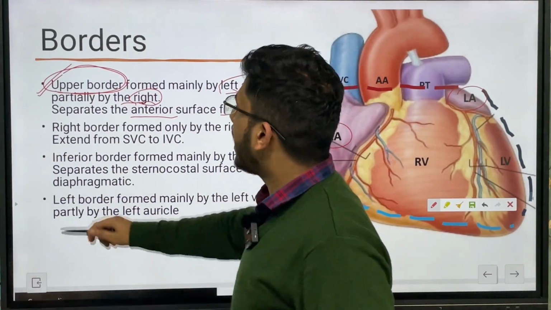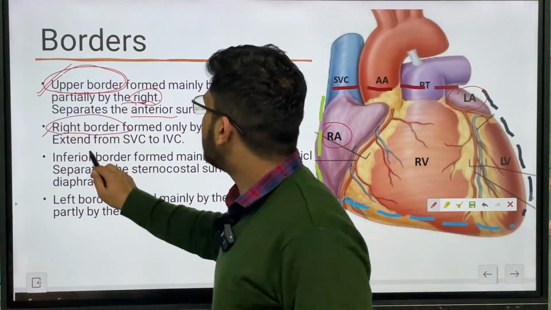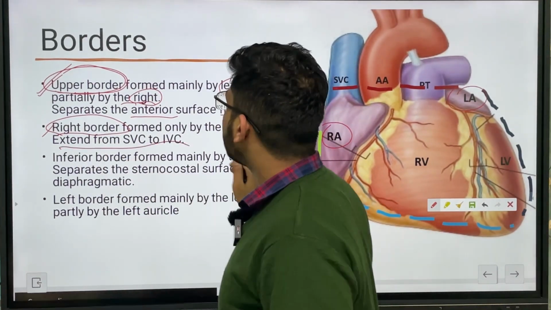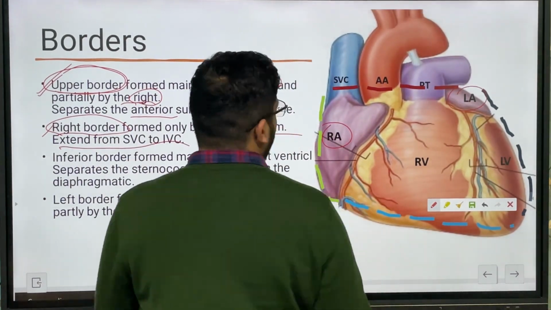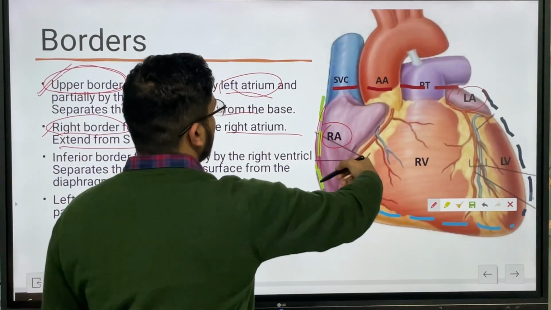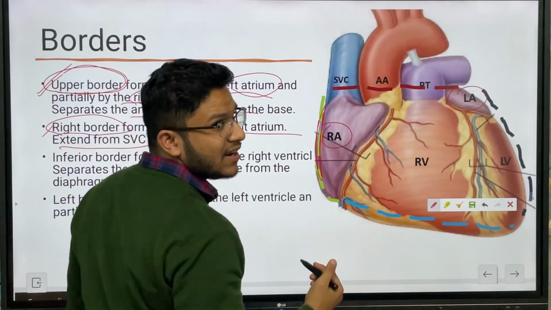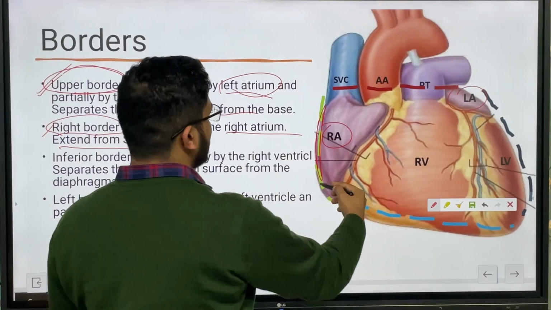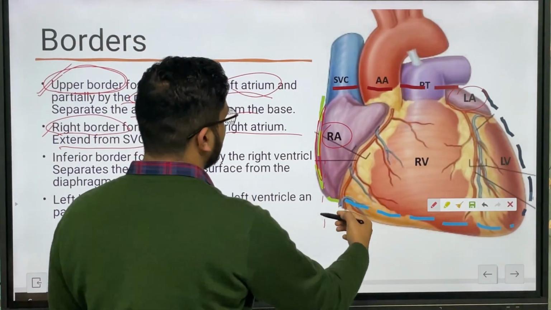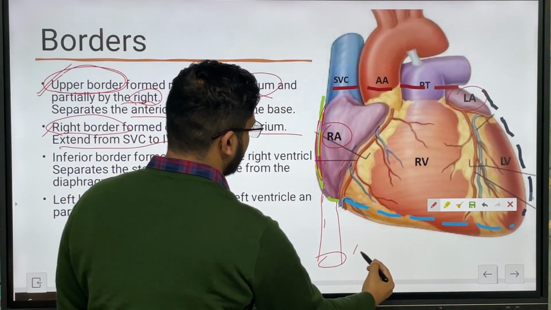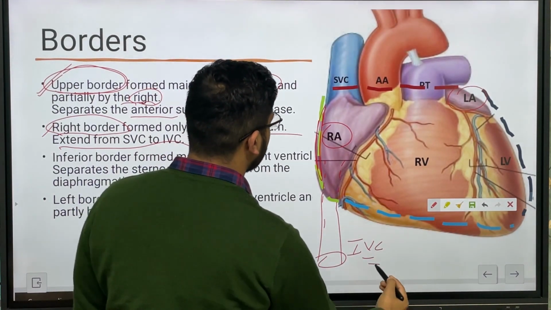The next thing is right border. Right border is formed only by the right atrium, extends from SVC to IVC. I already told you about the right border. This is the opening of superior vena cava, that is SVC, and on the posterior aspect we can see the opening of IVC, that is inferior vena cava.